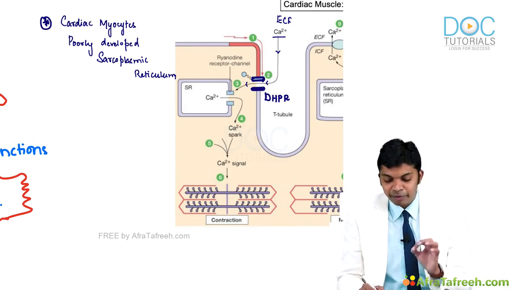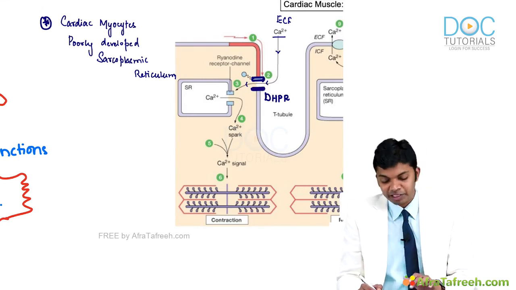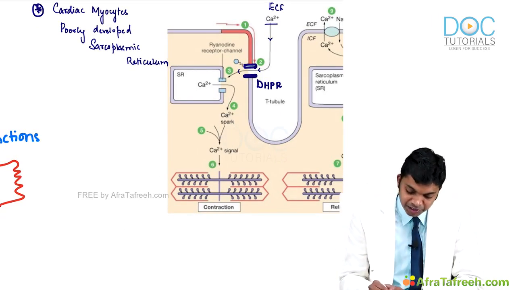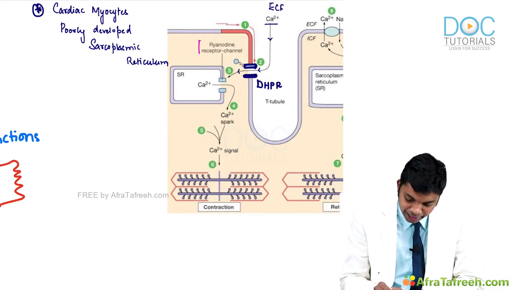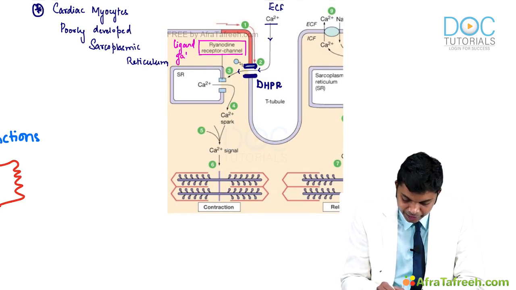The moment calcium enters the cytoplasm of a cardiac myocyte, it goes and binds with another channel, a ligand gated channel called the ryanodine receptor channel, which is located in the sarcoplasmic reticulum.